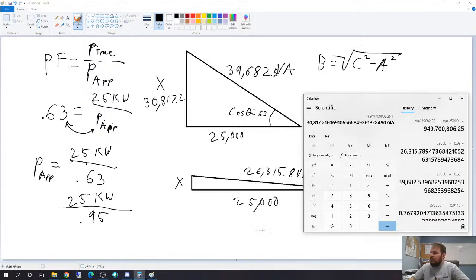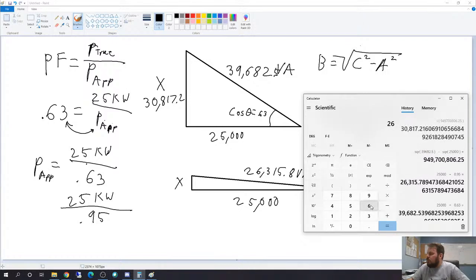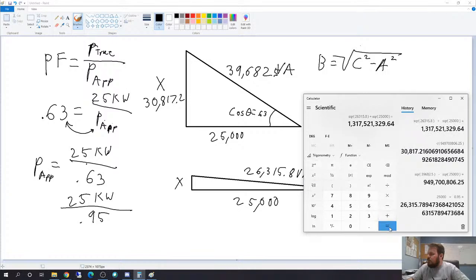All right, now we do the other one. 26,315.8 squared plus 25,000 squared. It's supposed to be minus. Hang on. Clear. 26,315.8 squared minus 25,000 squared.